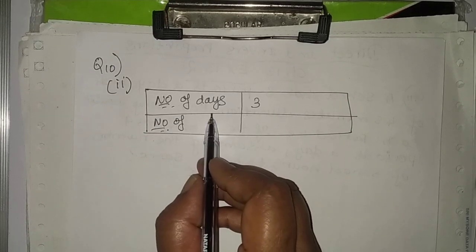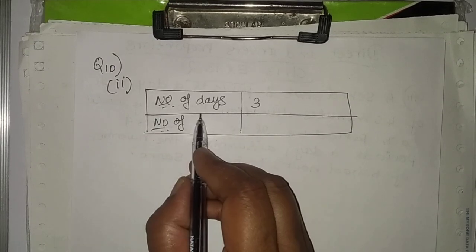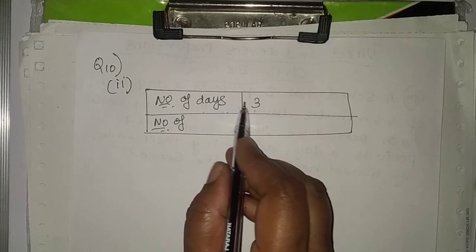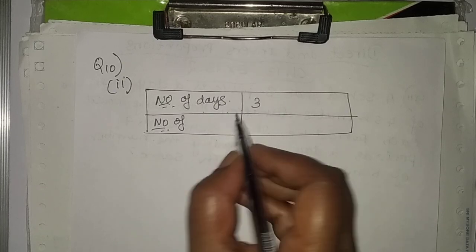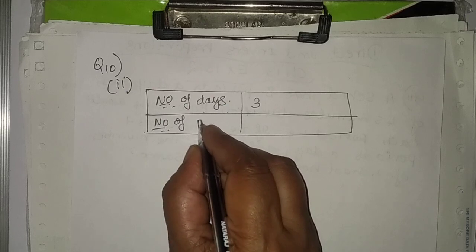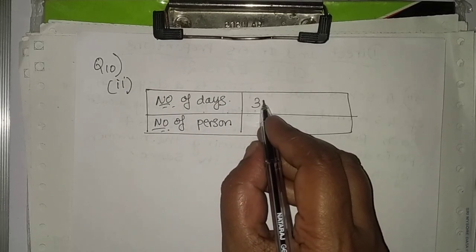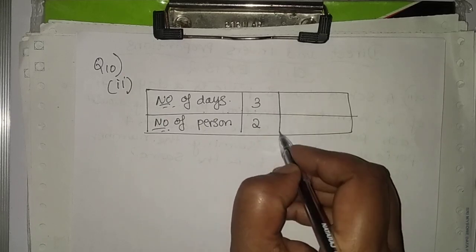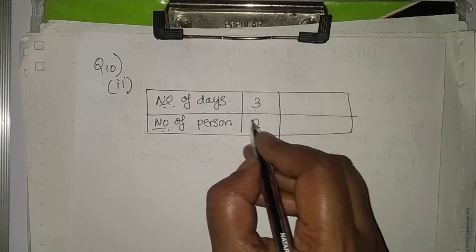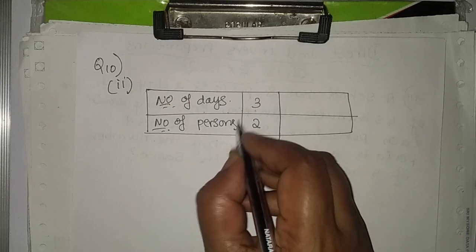In the first case, number of persons came first and number of days next; here number of days first and number of persons next, and 1 day, then the number of persons is what we need to find.